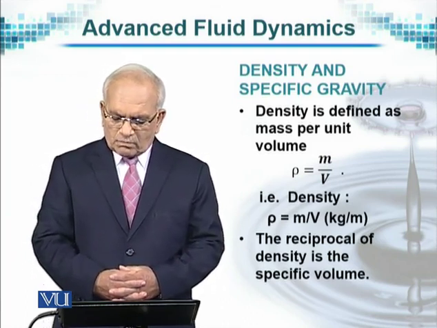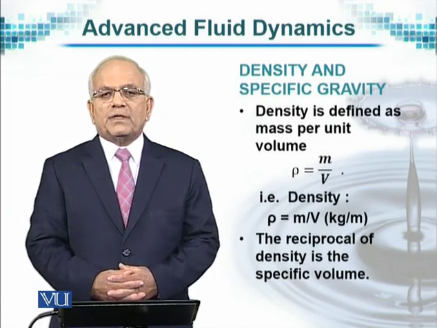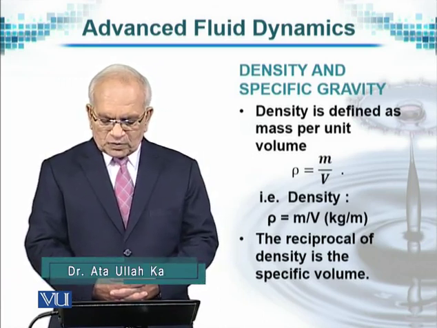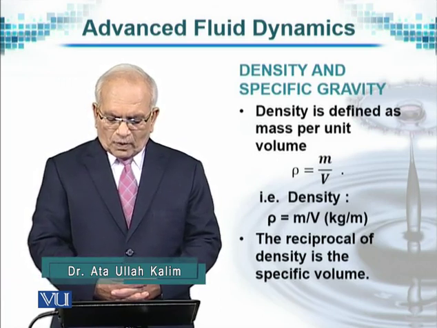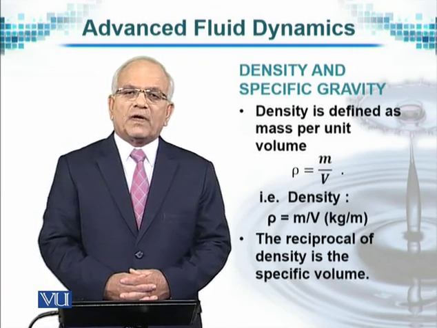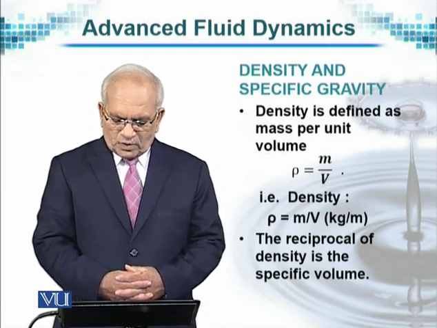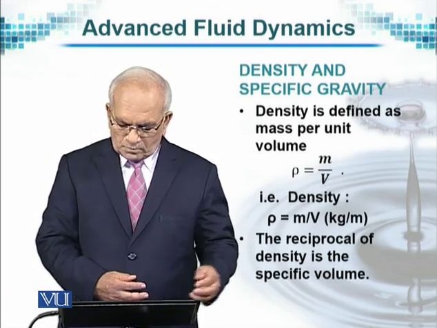So kilogram per cubic meter if we are using the CGS system or metric system, but it will be different units if we are using the British system. The reciprocal of the density is the specific volume.